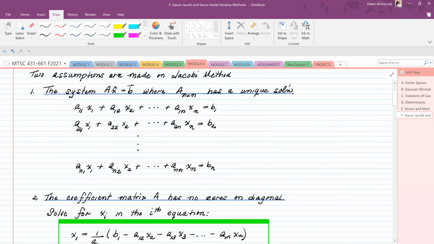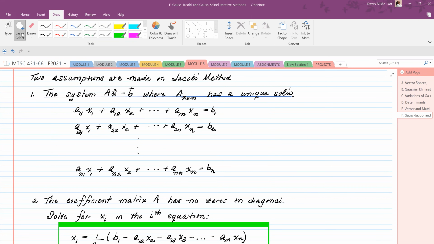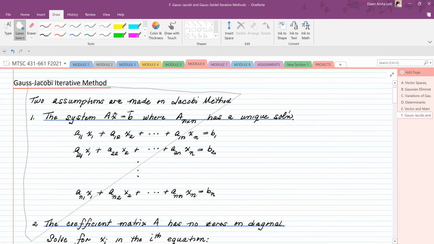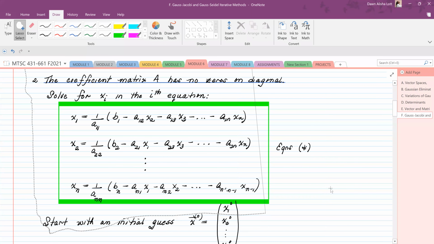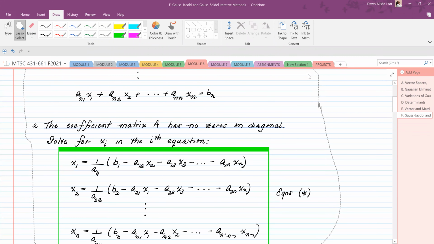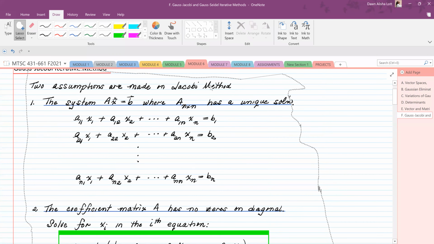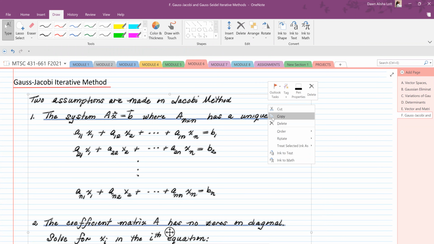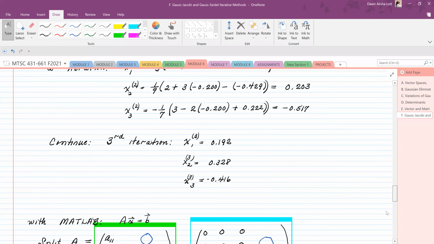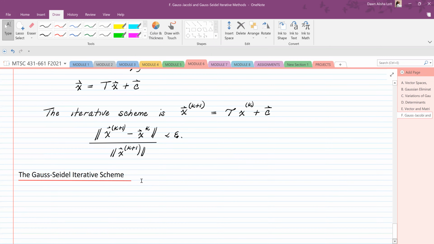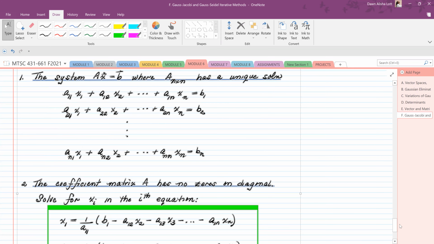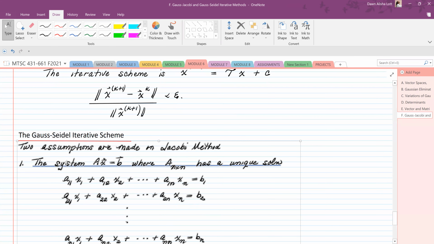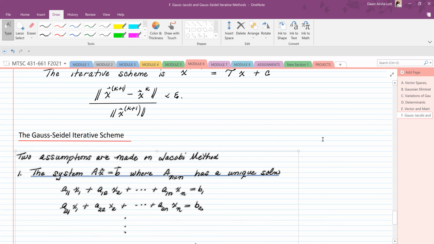So again, we have the same two criteria. Same assumptions.